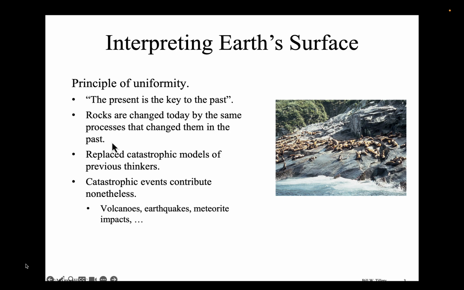Of course, those processes probably didn't happen at the same rate. Maybe they occurred faster or slower, or maybe there were some catastrophic events that contributed to shaping those rocks. But excluding the fact that catastrophic events can occur, we can understand the history of Earth's surface by looking at what happens to the rocks of today, because that tells us what happened in the past.